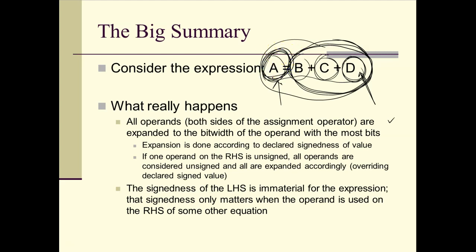Certainly the width matters, but the sign does not matter. This A value will have a sign, but it's only used for sign extension, maybe in some other part of the model that we're not looking at yet. For this particular assignment, the signedness of A simply does not matter. So these are all the rules as I know them.